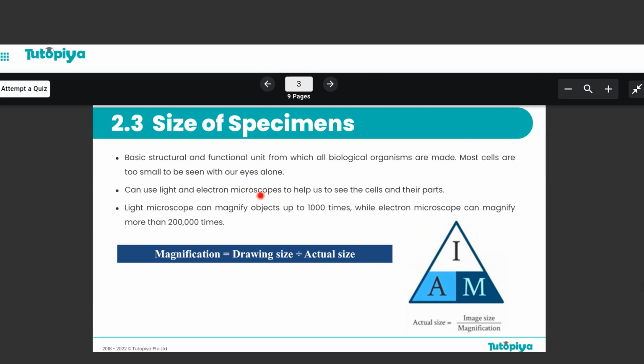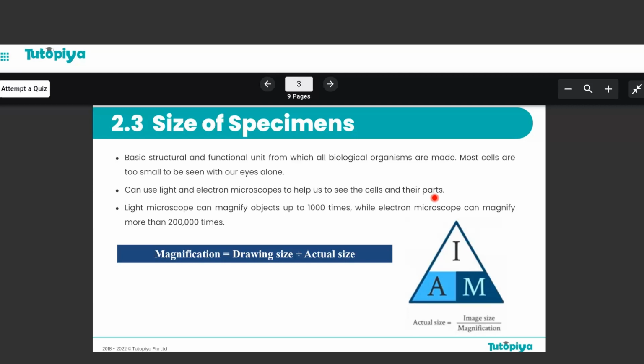So there are two types of microscopes. There is the light microscope and the more advanced electron microscope that helps us to see the cells and their parts. So what exactly does a light and electron microscope do? We place the tiny biological structure under the microscope, and the microscope enlarges that structure and shows it to us as an enlarged image.